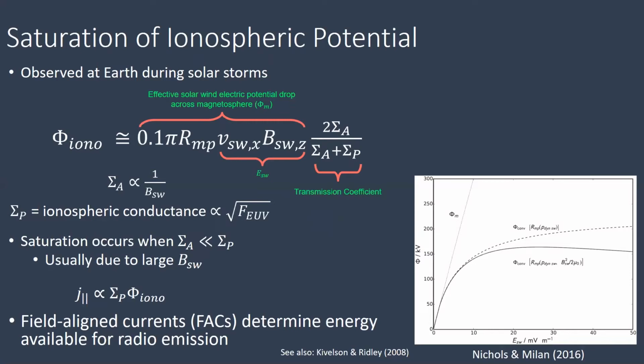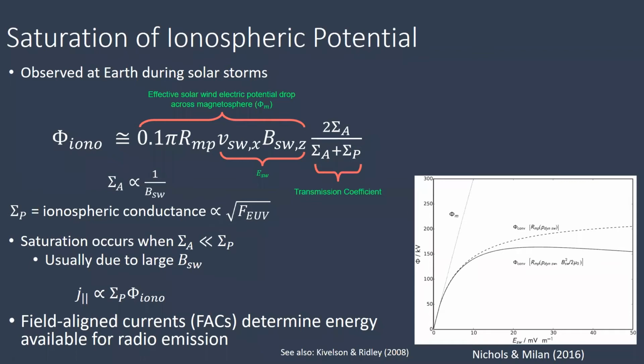This plot shows Φ_M, the solar wind potential, and the ionospheric potential is quite linear for low IMF strength. Then as you increase your solar wind magnetic field, your actual potential in your ionosphere will saturate and cap off.